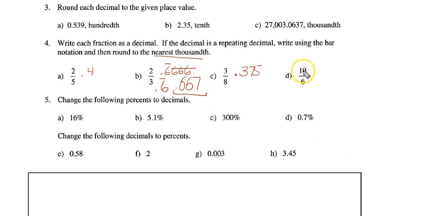You're going to divide 19 divided by 6, and 6 goes into there 3 times. That's 18, 1/6. And 1/6 is 1. Then the 6's start repeating here.